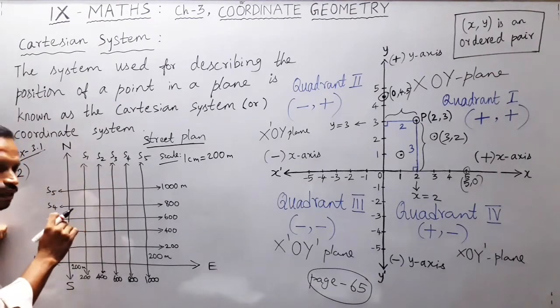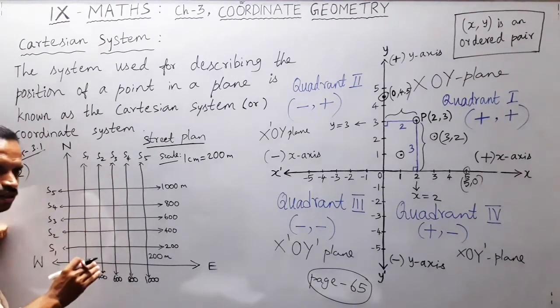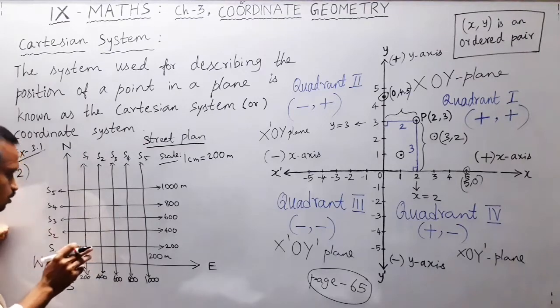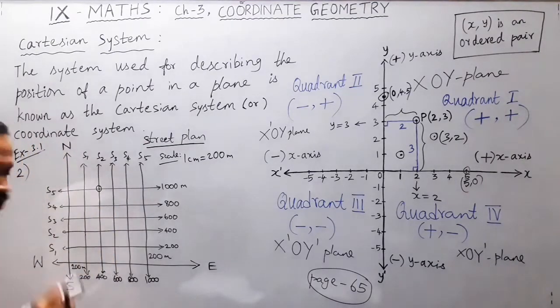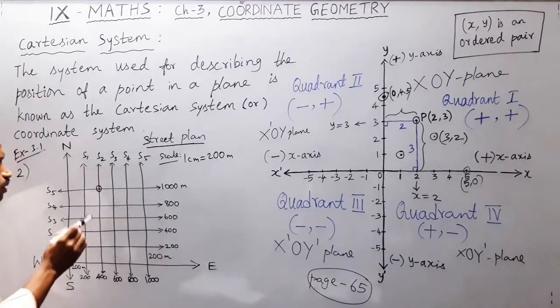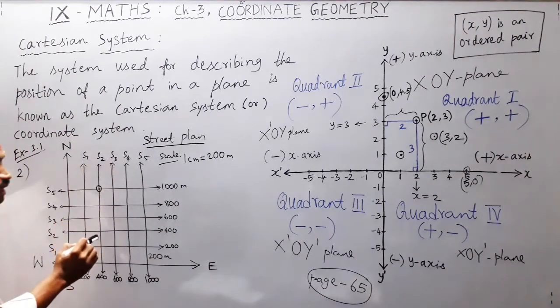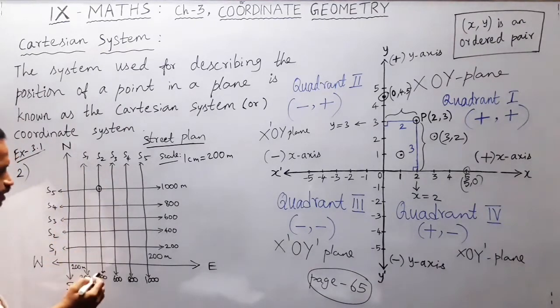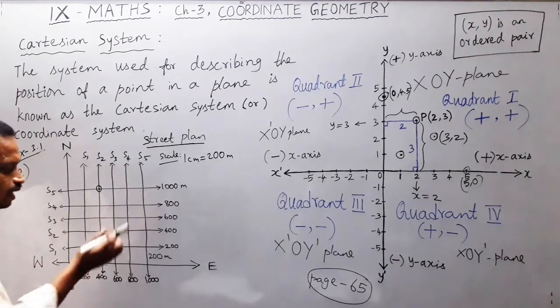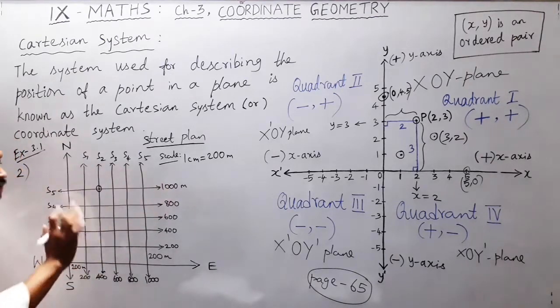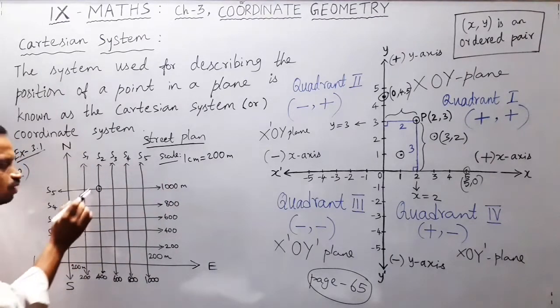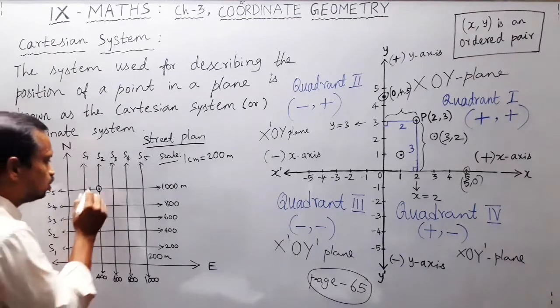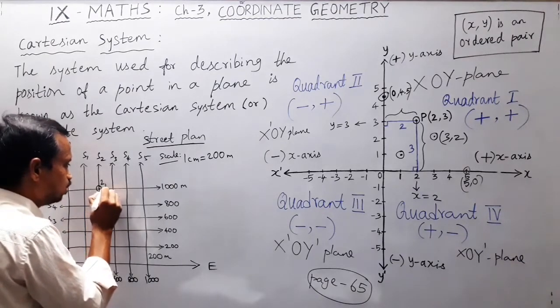And in the east-west direction, you have to take the 5th street. So this point refers to the location of the second street along the north-south direction and the 5th street along the east-west direction. So this is the location of that point. This is called 2, 5.